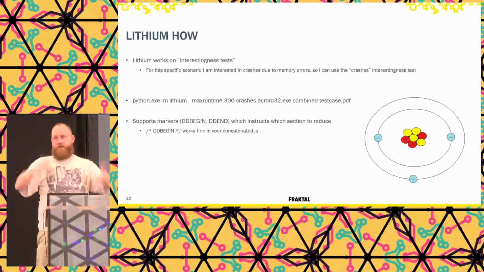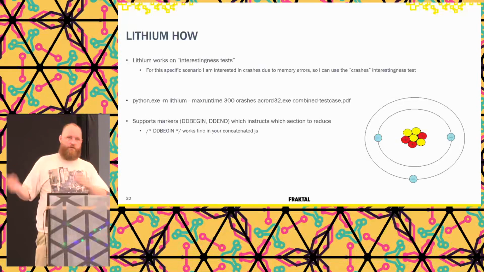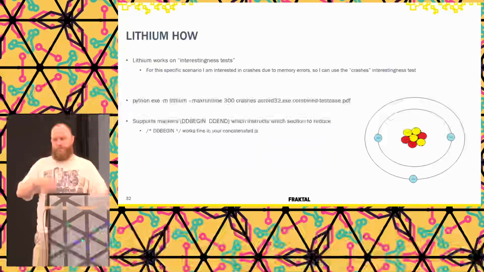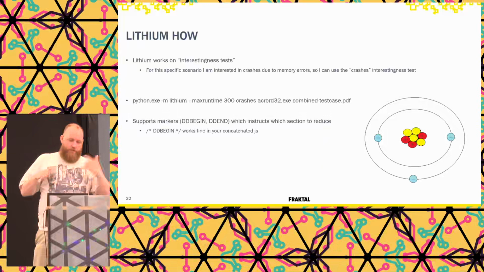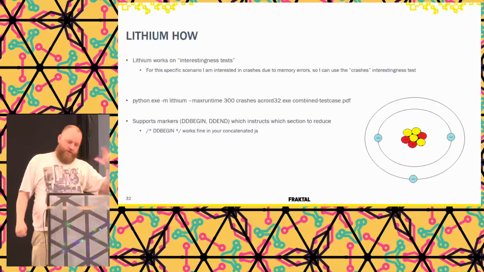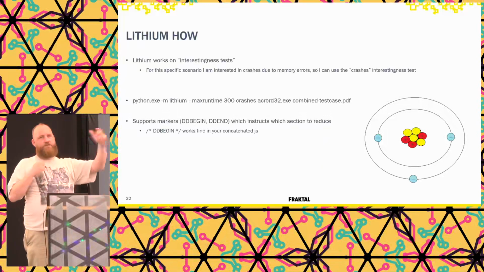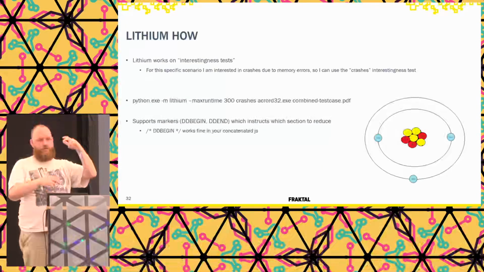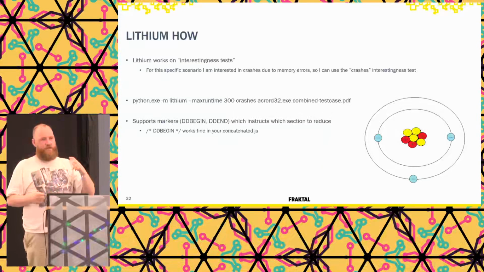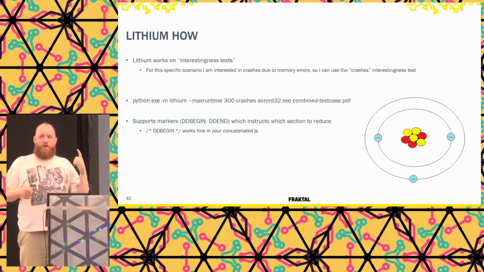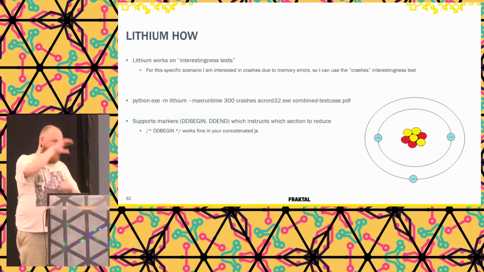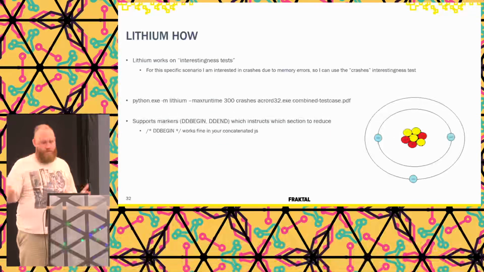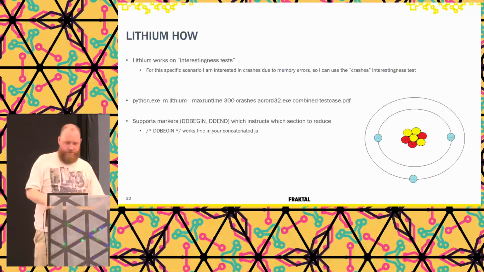And when it has cut out chunks that cause the application to no longer crash, it throws that out and says, well, cut out something else instead, right? It supports these markers called DDBEGIN and DDEND, so you can stick them in front of and after the JavaScript that you've injected into the PDF, so that you don't try to minimize and remove essential parts of the actual PDF file itself, which will just cause the wrong kind of errors and not the stuff you're interested in.